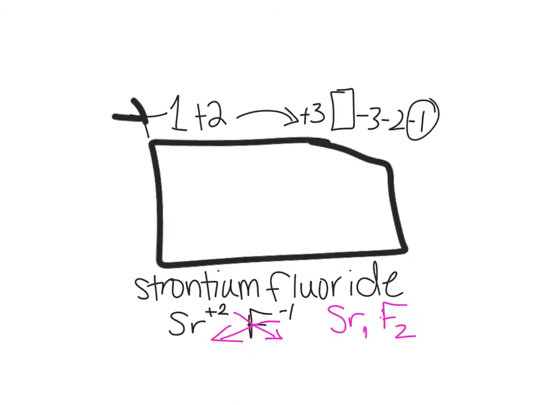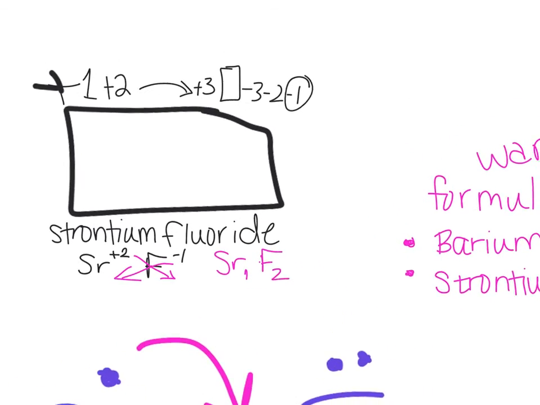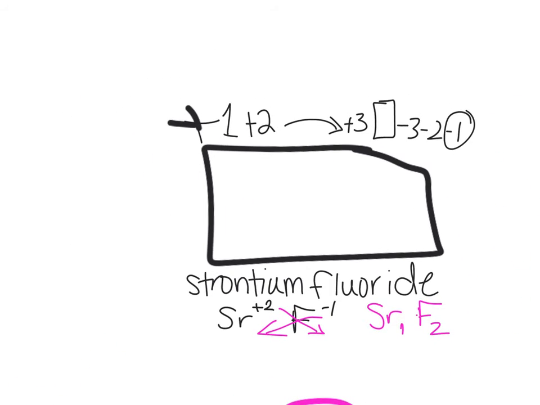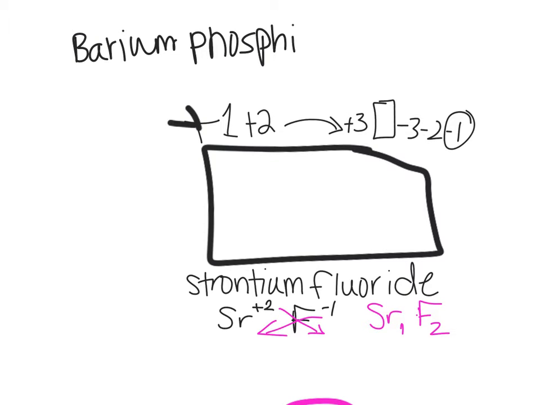So for strontium fluoride, that one was kind of easier to draw. But if we had something like the barium phosphide that you had to draw out a lot, we would look where barium is located.